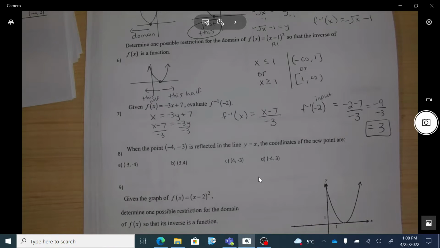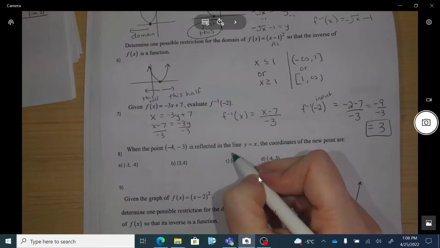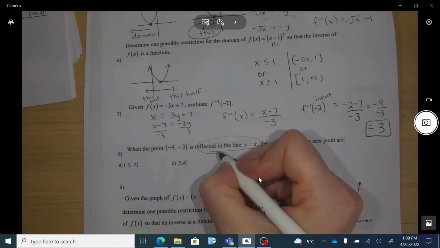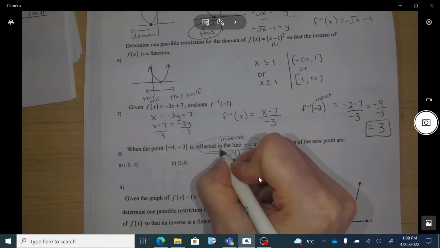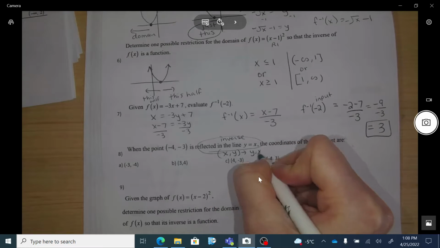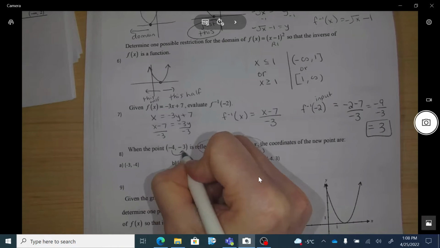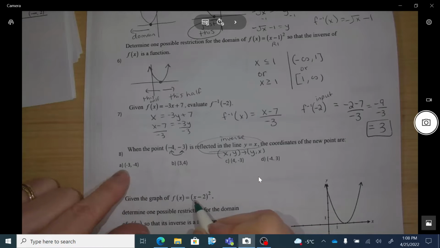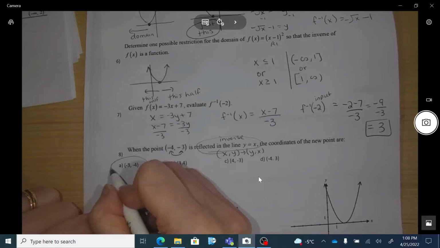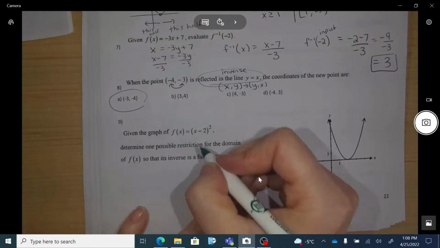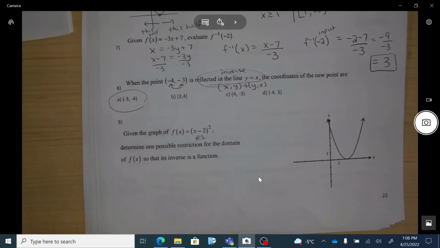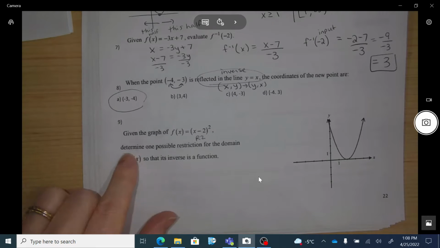Number 8. So when you see something saying a reflection, it means inverse, which means the xy becomes yx. So if we switch those around, we will get A. Given this graph, so that's a right 2, as you can see, determine one possible restriction.